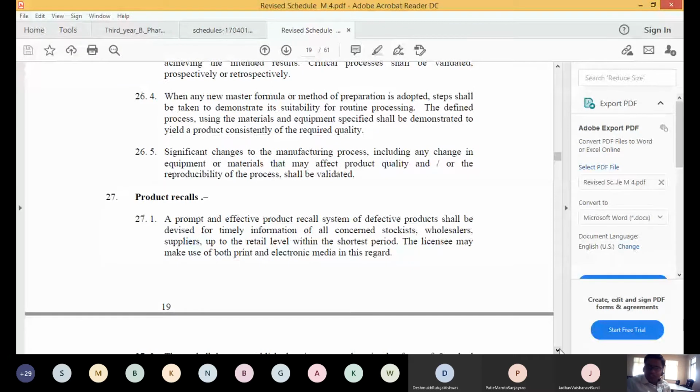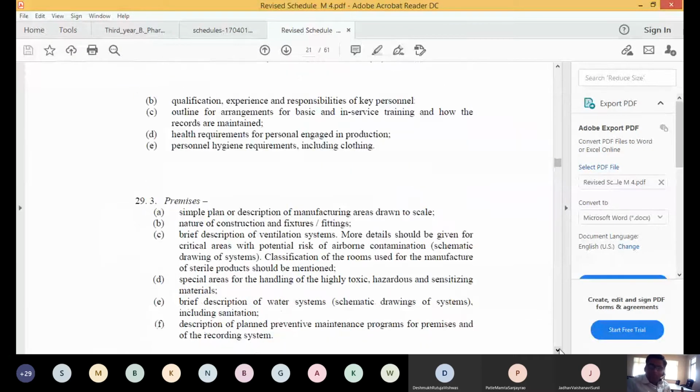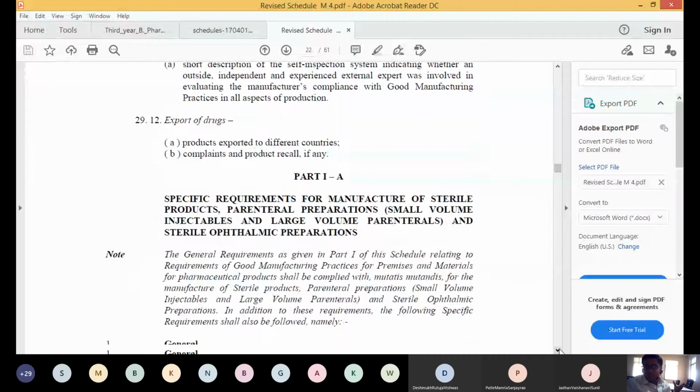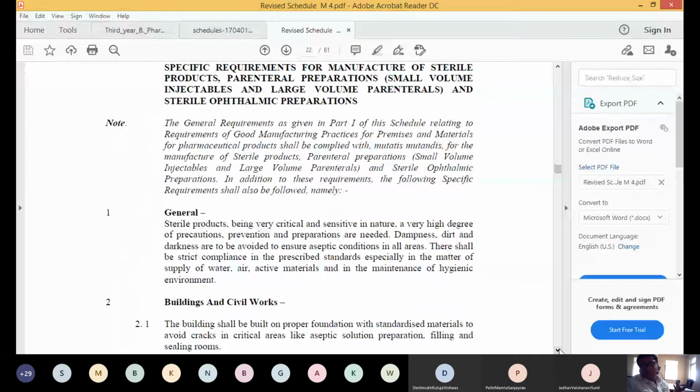If you study Schedule M properly, you can set up the industry, or you can be well aware before going to any industry. When you are going for your industrial training, at that time only you are going to see the industry. You are not as such aware of each and every department of the industry, because you are entering the industry for the very first time.